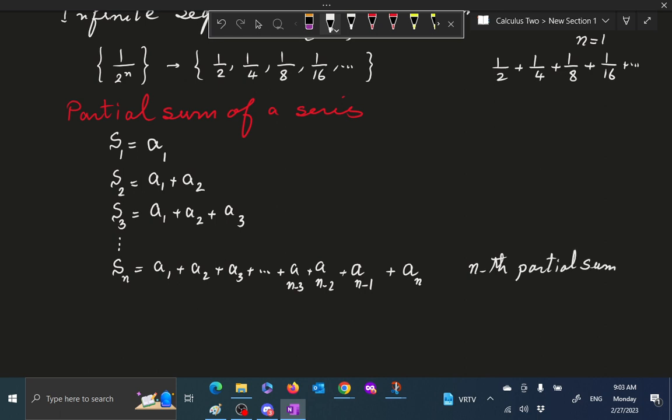Well, what's the advantage of this? The advantage is that now I look at this and I notice I have another sequence, which is the sequence of these numbers. So I have something I can call a sequence of partial sums.